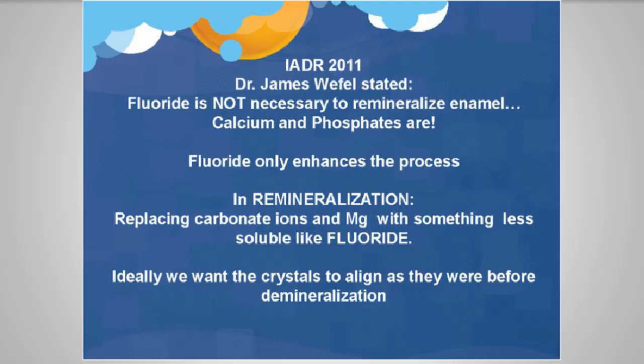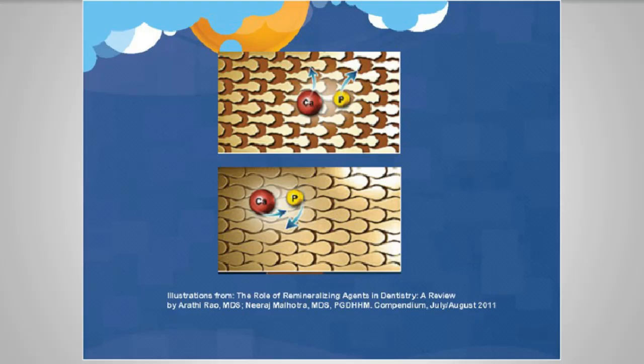He said that in remineralization, what we're doing is replacing the very soluble calcium carbonate and magnesium ions with something that is less soluble, like fluoride. But ideally, the enamel crystals need to realign as they were before they demineralized. And in the illustration that we're looking at right now, as the calcium and phosphates leave the enamel rods, it opens up these spaces in between, which enables the constant attack and the breakdown of the overall fortified structure of the enamel.